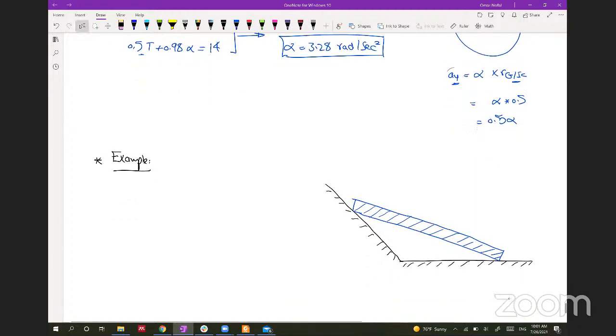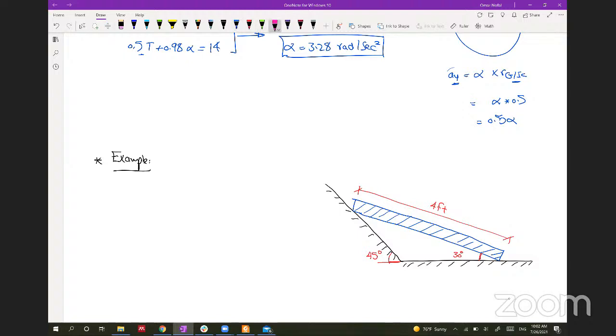Okay, so we have a ladder or a piece of wood or whatever of 4 feet length. So this length is 4 feet, and it makes an angle with the ground of 30 degrees, and we have a wall that is inclined with 45 degrees, like this, and this is a frictionless surface, so there is not any friction.